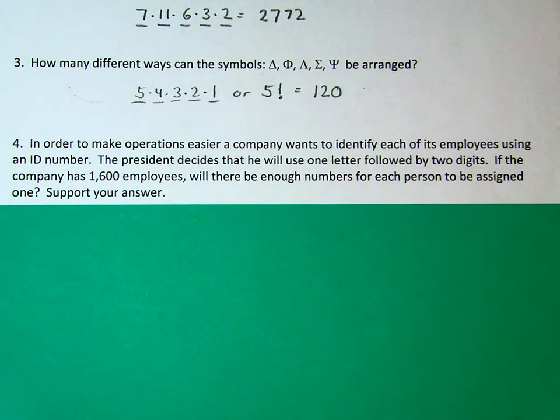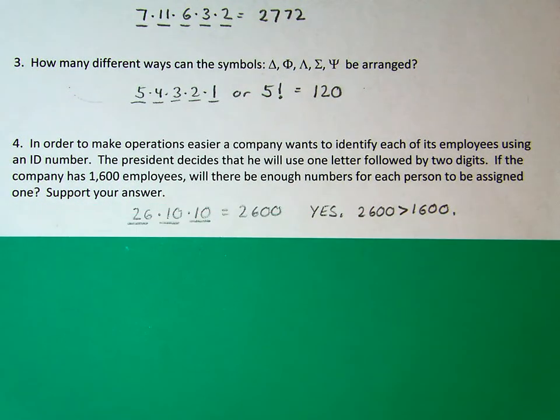All right, number 4. In order to make operations easier, a company wants to identify each of its employees using an ID number. The president decides he will use 1 letter followed by 2 digits. If the company has 1,600 employees, will there be enough numbers for each person to be assigned 1? Support your answer.